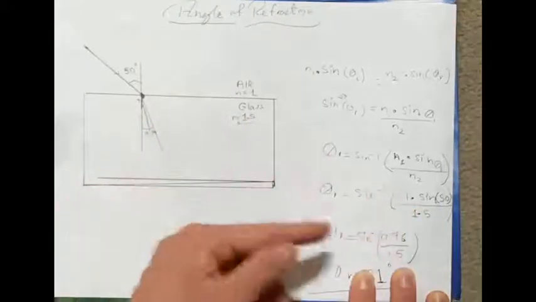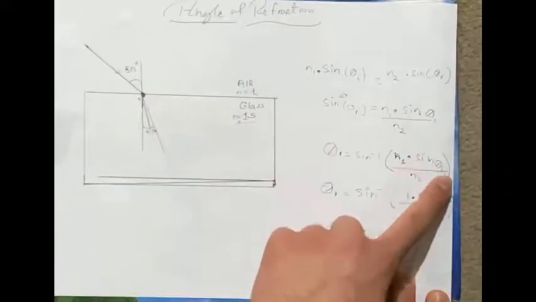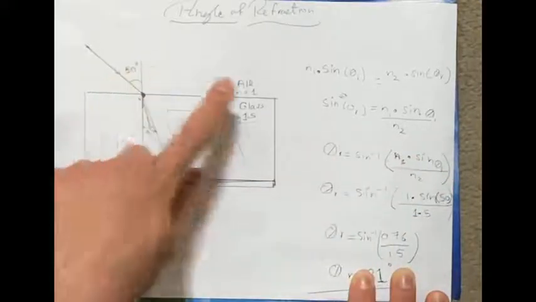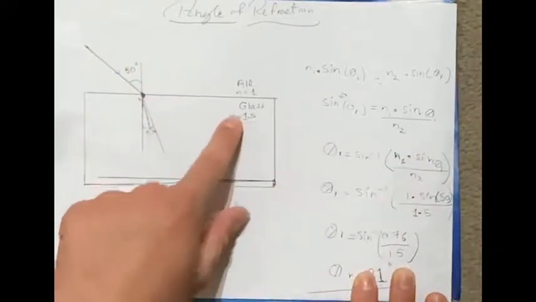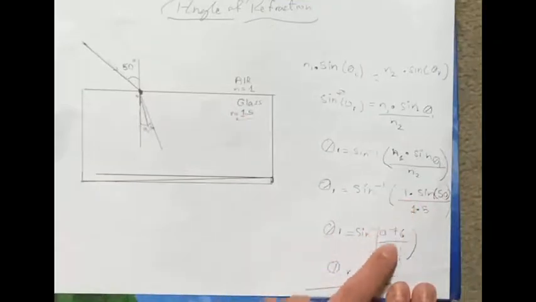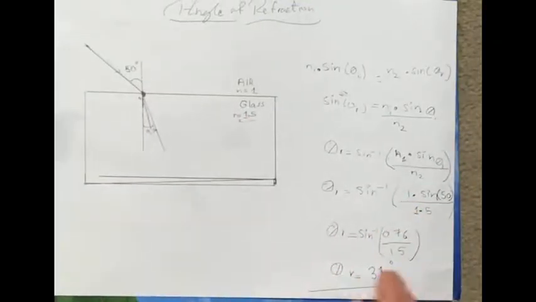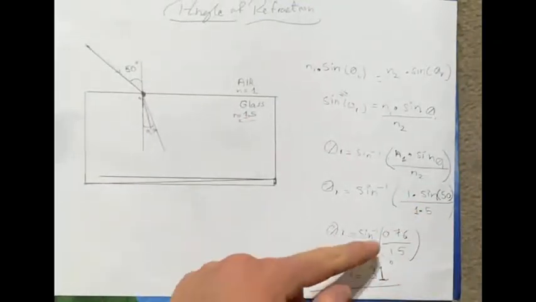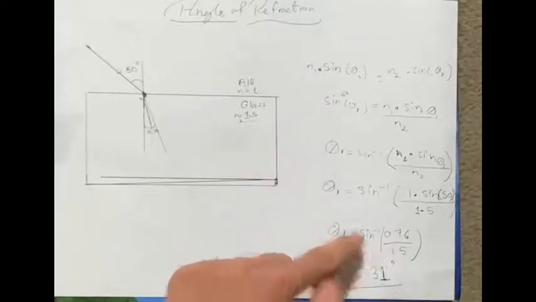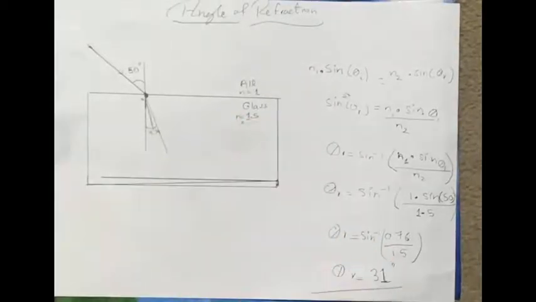So I replaced the sine of the angle of incidence with the 50 that we got, and N2 was the glass. So I got sine 50, the answer was 0.76 when you calculate with your calculator. And once I got that, I divided by the glass index and I got 31 degrees.